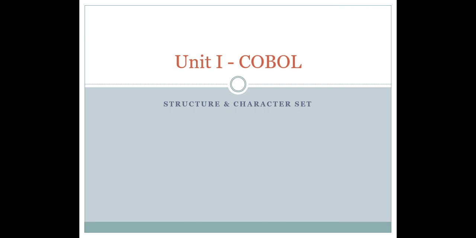So now we are going to discuss two topics in COBOL. The first topic is the structure of a COBOL program, and the second topic is the character set of a COBOL program. Both these topics are easy to learn and understand, but we must know the purpose of learning them. In the structure of a COBOL program, we have 4 divisions, and each division works with its own purpose.